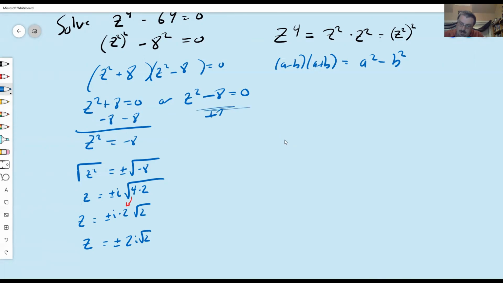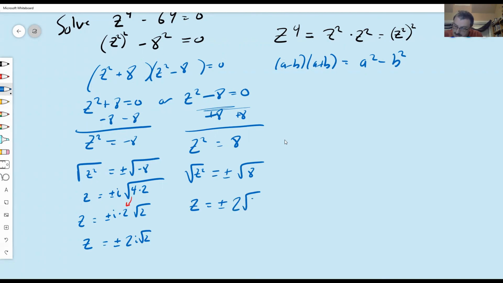So plus 8, z squared equals 8. Square root both sides, my plus or minus. And we already know that the square root of 8 is going to be 2 radical 2. There's no i this time because 8 is positive.